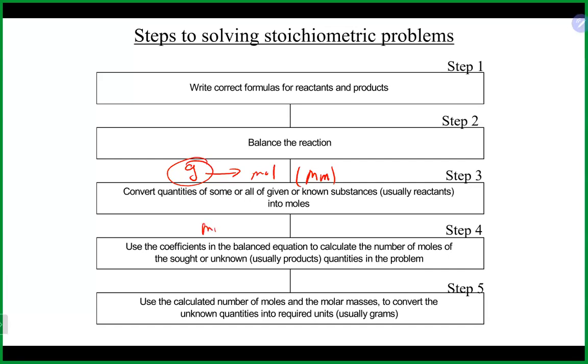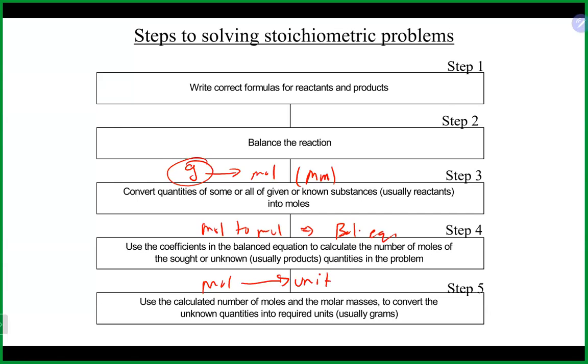So you go to the equation, mole to mole relationship, and that is again from the balanced equation. Once you have that, you should always be in units of moles at this point, and you may have to convert it to some other unit again on the back end of the calculation. As I mentioned, it's very, very common to use the molar mass here to end up with grams on the back end of the calculation.